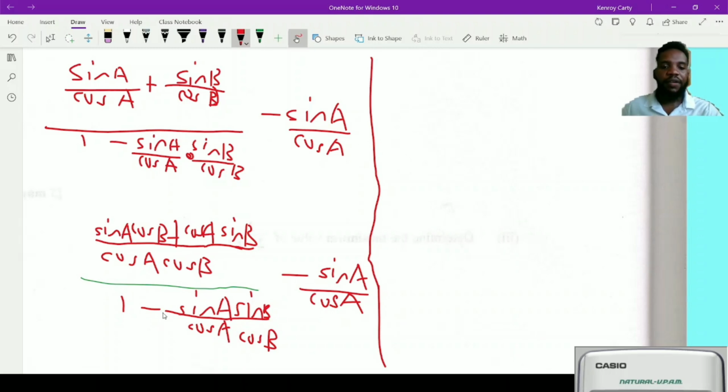All right, what do I do next? For me to simplify this, I need the denominator to become a single fraction. So I'm going to put a 1 there. I'm going to leave my numerator alone, I'm just going to rewrite it.